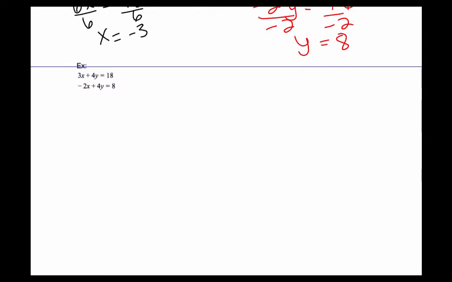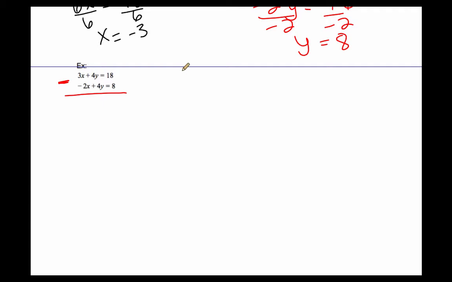Let's look at the next one. 3x plus 4y equals 18, and then negative 2x plus 4y equals 8. In this scenario, the 3 and the negative 2 are not going to work. But the 4 might work. But how do I get 0? Well, they're both positive, so I need to subtract. This is very tricky. You have to make sure that you actually are subtracting this from this.